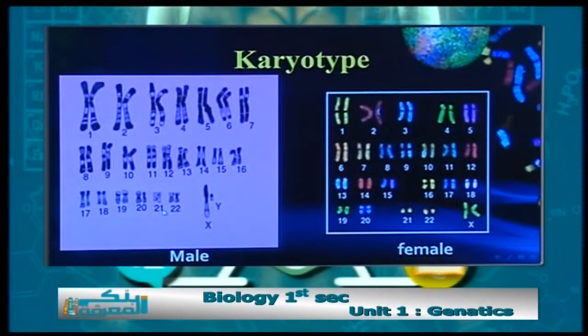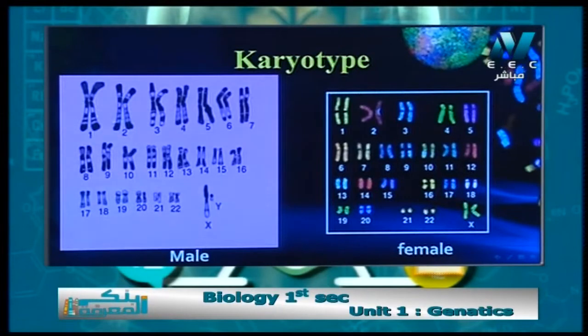In front of you, a karyotype diagram, male karyotype and female karyotype. When you look, this is a somatic cell. Why is this a somatic cell in male and female?